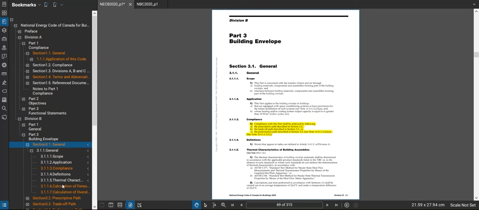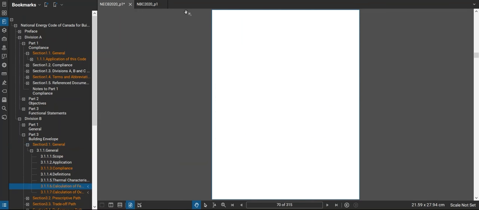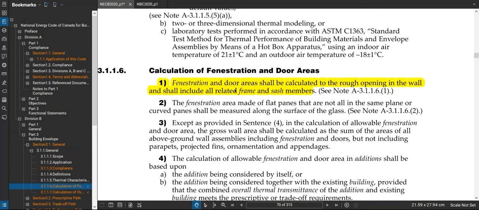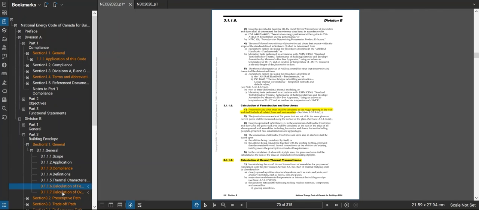Next, we'll go forward to 3.1.1.6. And so 3.1.1.6 is just saying that when you do the calculations for fenestration and doors, you have to include the frame and sash members. And then finally in Section 3.1, we'll go to 3.1.1.7.